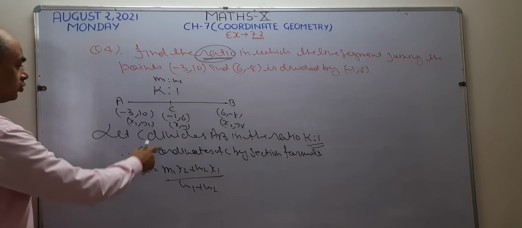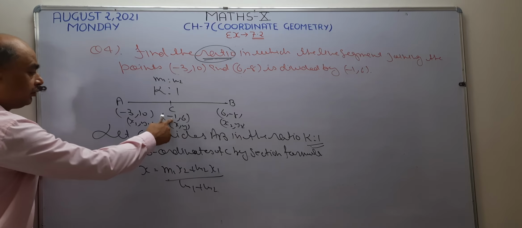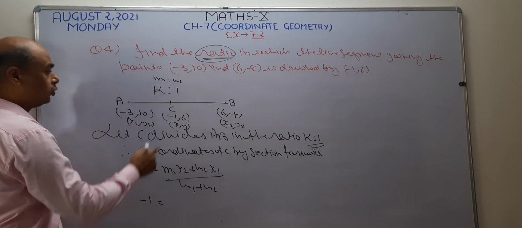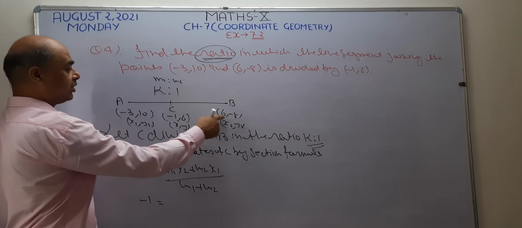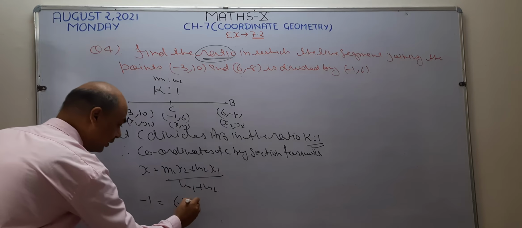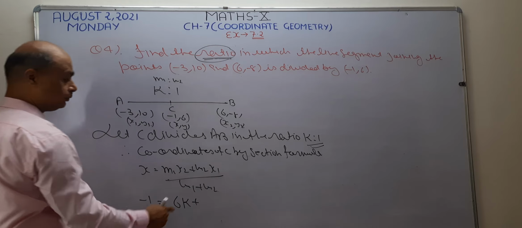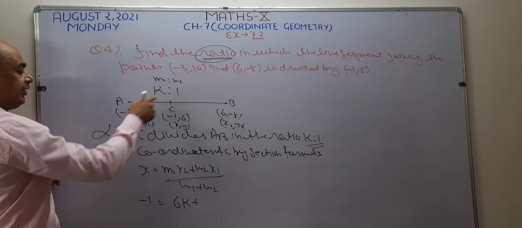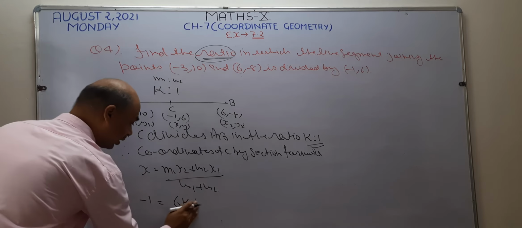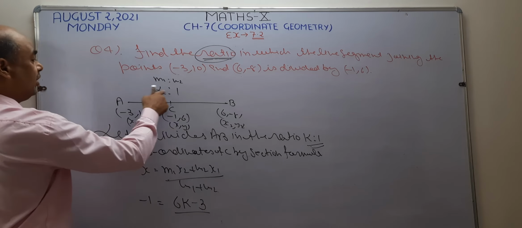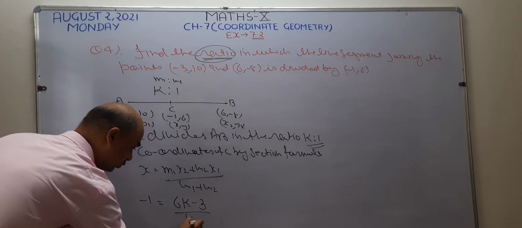In this question the value of x is given, the value of x is -1. Now m1 x2: this is your m1 and this is your x2, so K into 6 becomes 6K. After that plus, m2 x1: this is your m2 and this is your x1. Now 1 into -3 becomes -3. So right here -3 upon m1 plus m2, which becomes K + 1.